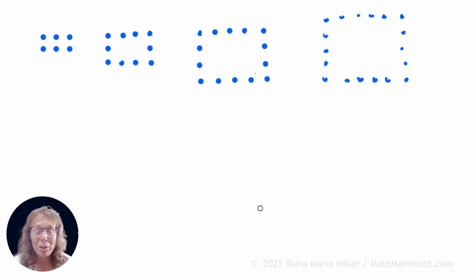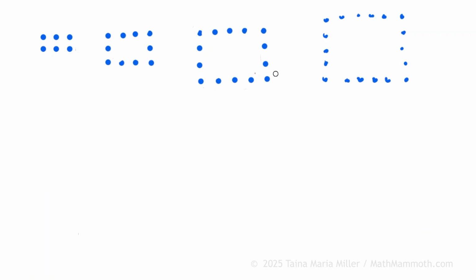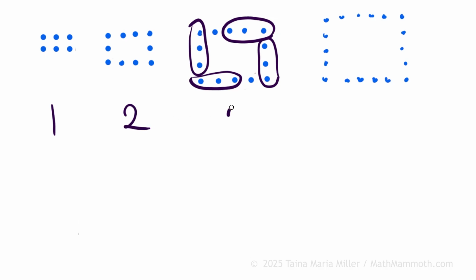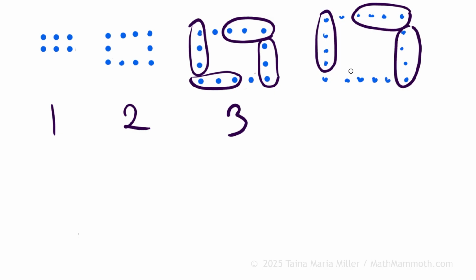I'll show you now another way to visualize this pattern growing. A person could think of it as having here 3 dots, 3 dots, 3 dots, 3 dots. This was step 3. So 4 groups of 3 dots and 2 extra dots. And then over here, a person could see it as having 4 dots, 4 dots, 4 dots, and 4 dots, and 2 extra dots.